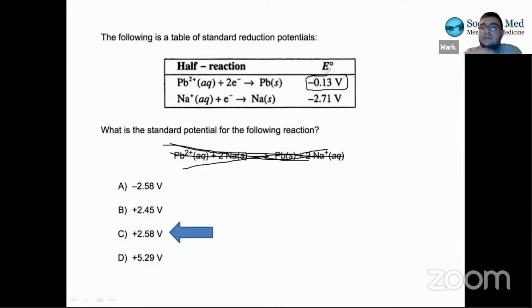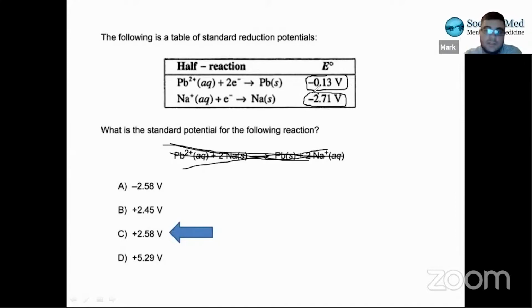What this number means is, when I do this reduction reaction, how much electricity am I making from doing this reaction? As you can see, from this one, you're actually not making any, you're actually losing a little bit. For this one, you're losing a lot of electricity, right? If you were to perform this reduction reaction, you were going to lose a lot of electricity.